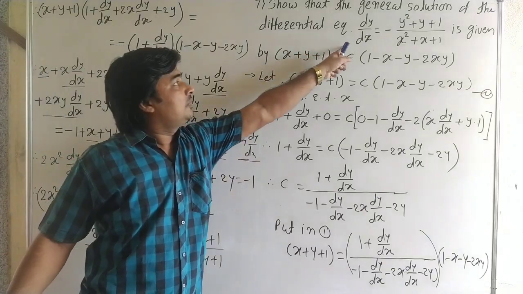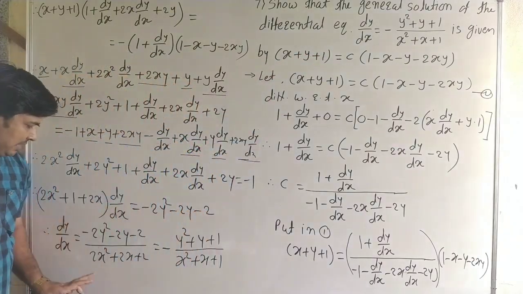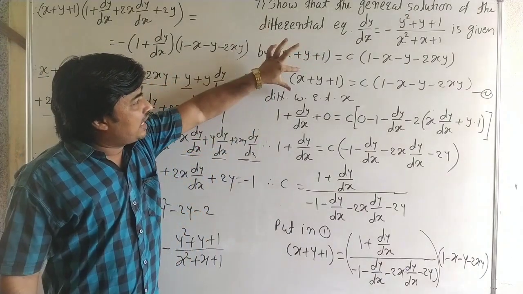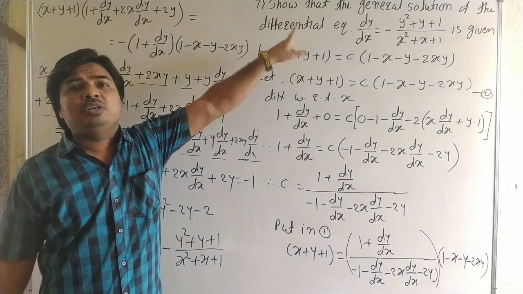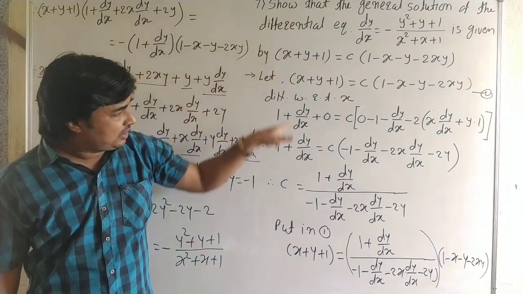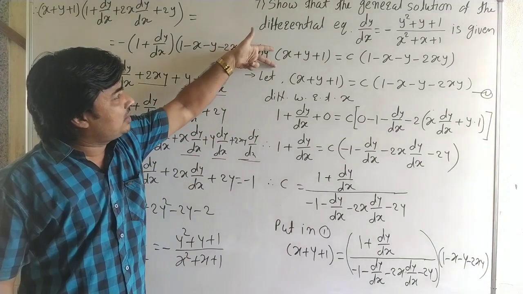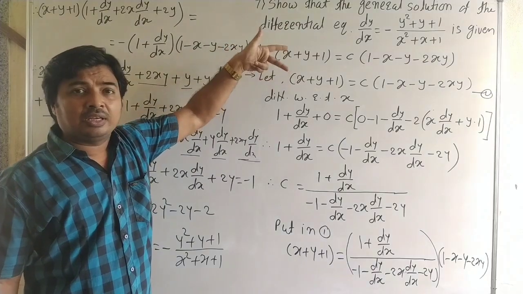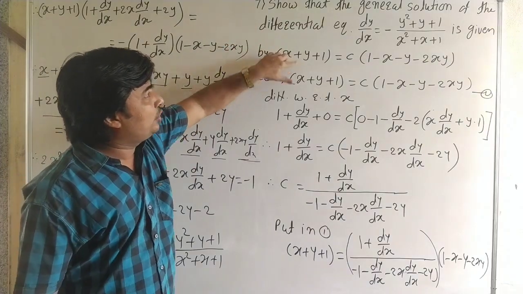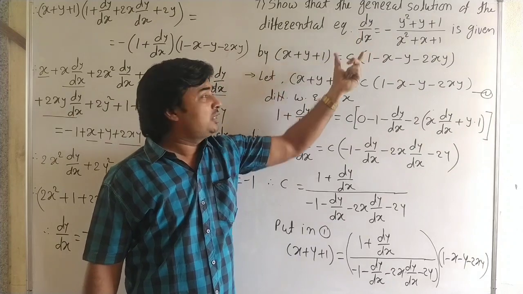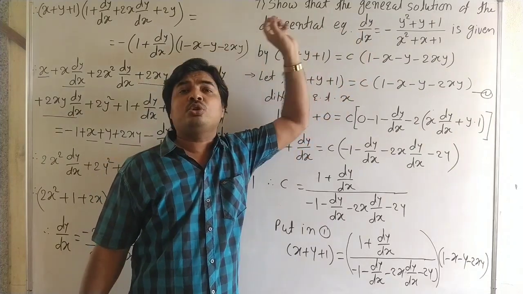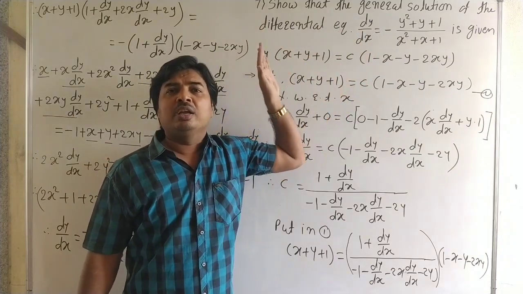Here that means this expression is the solution of the differential equation. See carefully. Here we form the differential equation by using the given expression. From this expression we get this differential equation. That means this expression is the solution of the differential equation. Okay, it is one method.